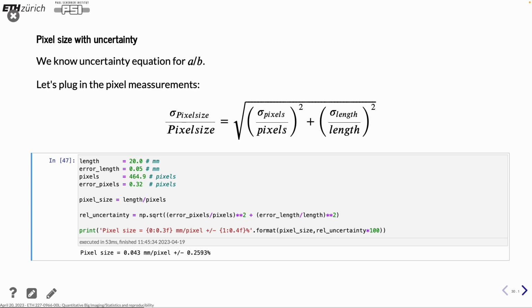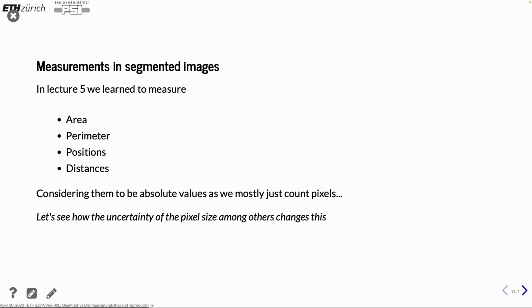So this is the uncertainty we have in our pixels. And that is an important value, because if we now make measurements in segmented images, then we want to measure the area, and the area naturally takes the pixel size as one parameter. Perimeter as well. Also, if you want to measure the distance between 2 points, you need to know the pixel size.